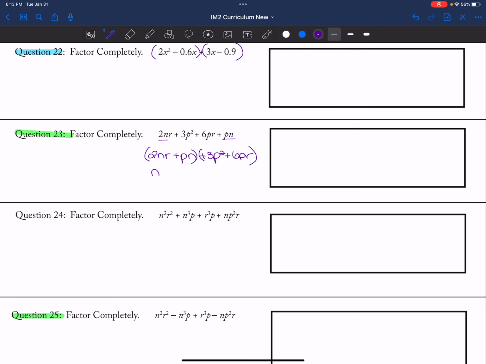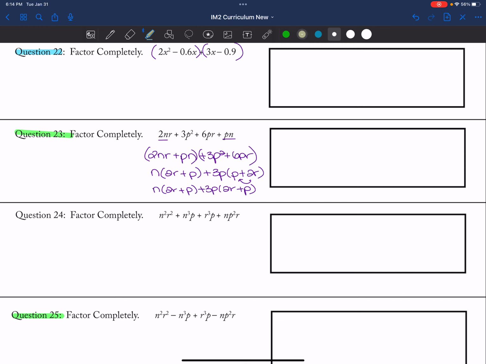I can factor out a common n, and I'm left with 2r plus p. Factor out a 3p, and I'm left with a p plus, hey, look, 2r. I can actually rewrite this. So I have n times 2r plus p, plus 3p times 2r plus p.